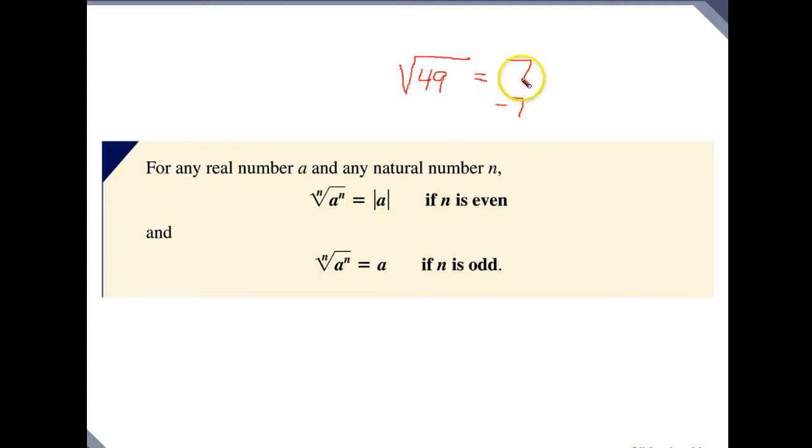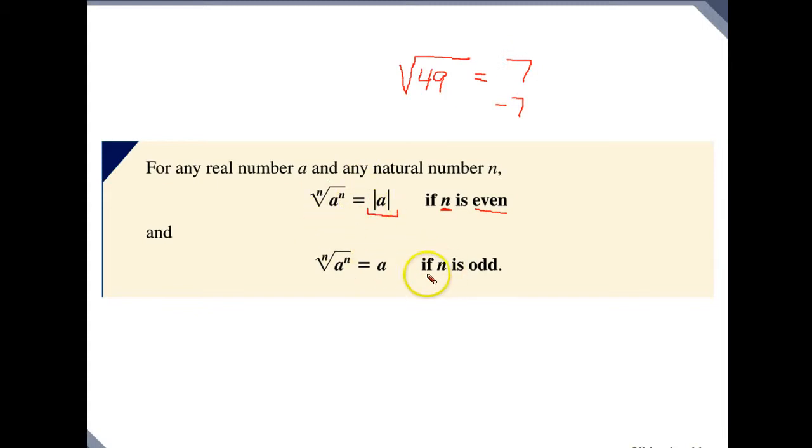So since there are two possibilities here, whenever n is an even number, they're suggesting the best way to show the answer is to put it in the absolute value. So that could have been a negative, because the absolute value of a negative 7 is 7. So that's just another way to show you this.